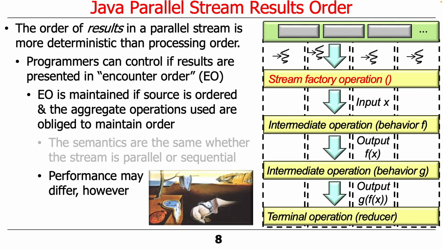Picking appropriate intermediate operations. Some maintain order, some don't. And picking appropriate terminal operations, some of which maintain order and some of which don't. A lot of the time, it doesn't really matter, but sometimes you need to preserve order for whatever reason. So if you do need that, then these mechanisms available in Java streams give you plenty of flexibility.